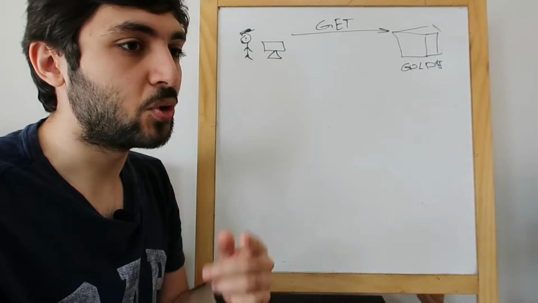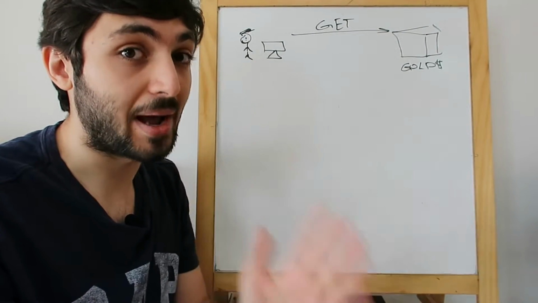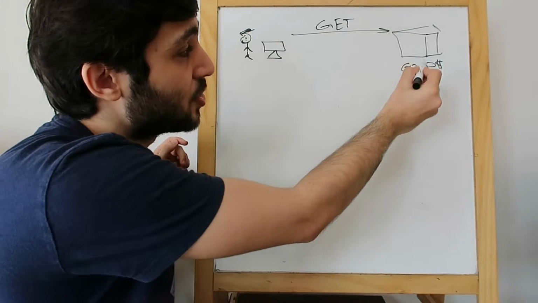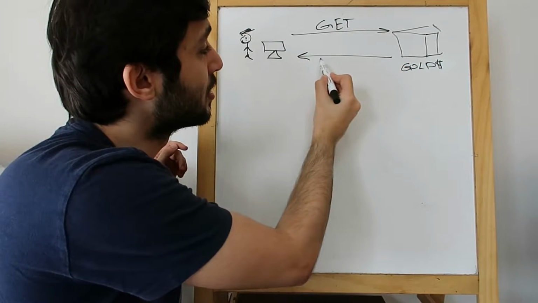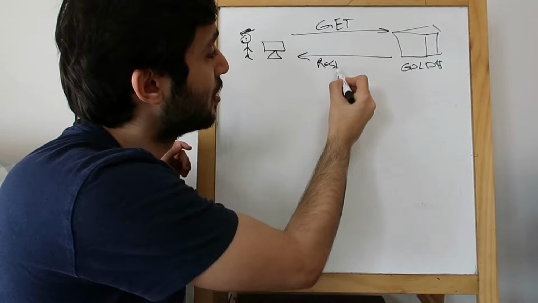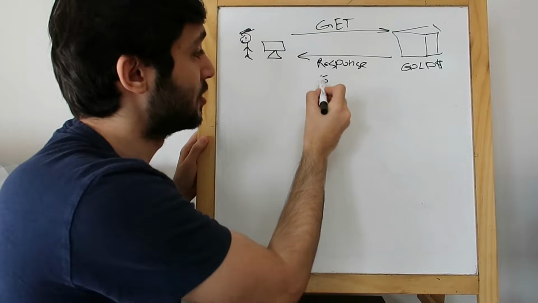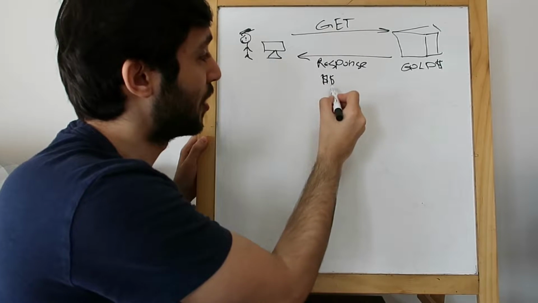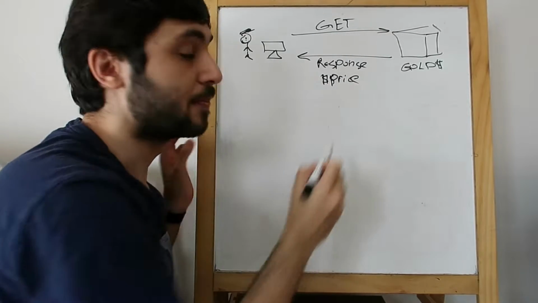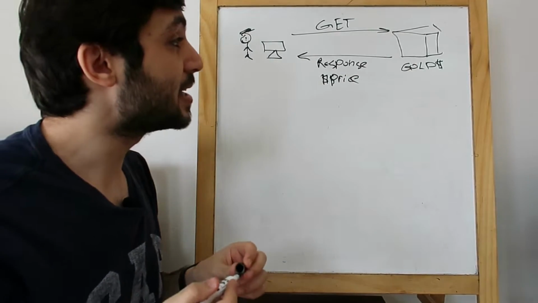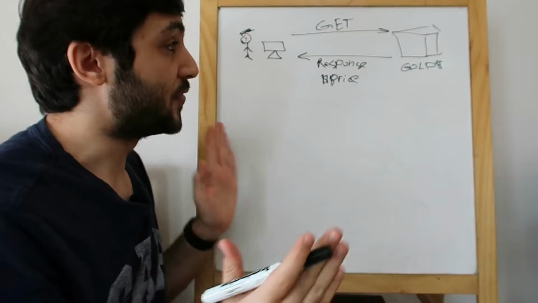And that server will send a response with the gold price. So he will send the price here. This is the basic usage of APIs.